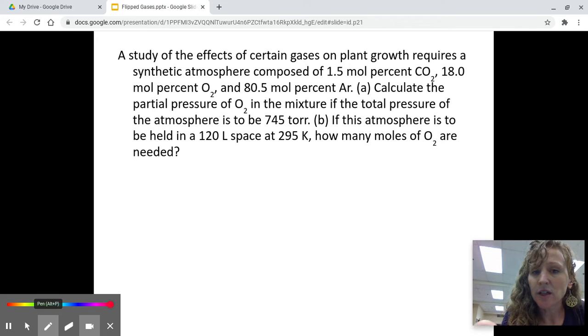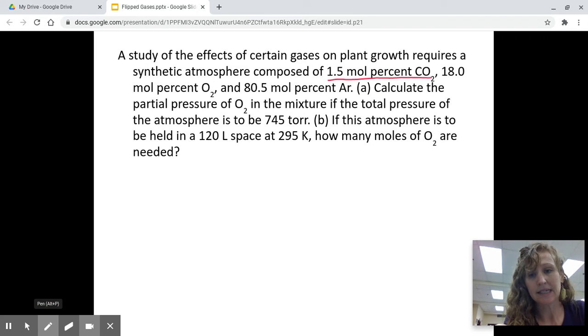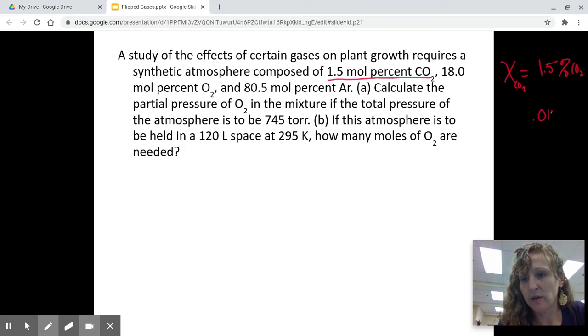So, a study on the effects of certain gases on plant growth requires a synthetic atmosphere composed of 1.5 mole percent of CO2. So a mole fraction for CO2 is called a mole percent. Oh, actually, that's a percent. So it'd be 1.5% CO2, which means it's 0.015 mole fraction of CO2.